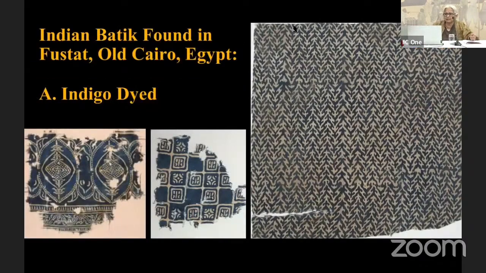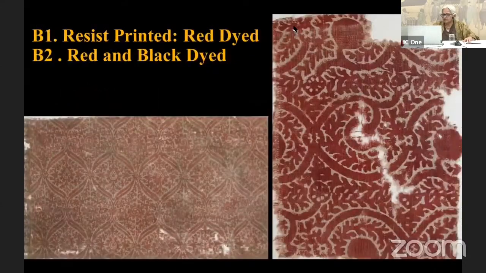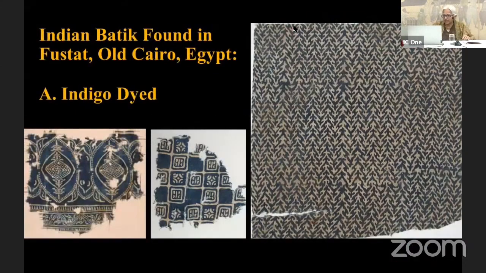And these are Indian batiks found in Fustat, Old Cairo, Egypt. So you start getting these kinds of textiles, which are from the 1st century to the 12th, 15th, 16th centuries. And these are indigo dyed, and there you see 3 categories of these textiles, which went mainly from Gujarat. One is white and blue indigo dyed batik.